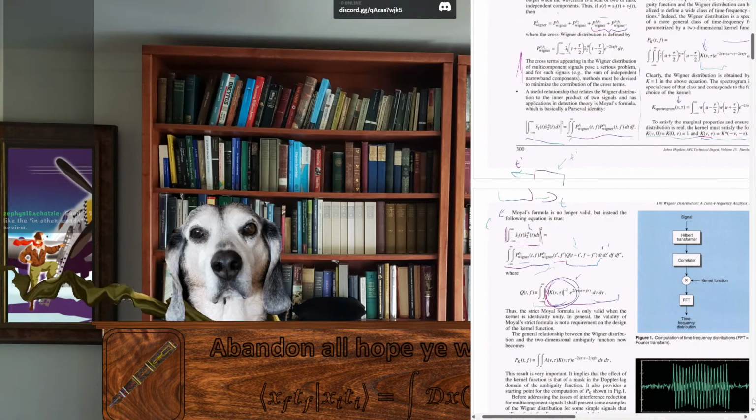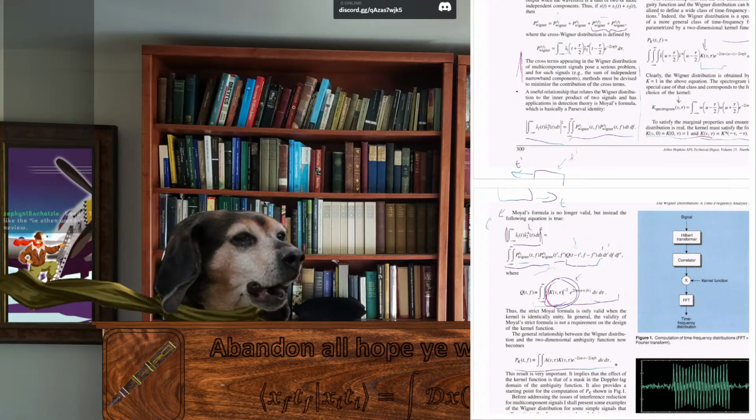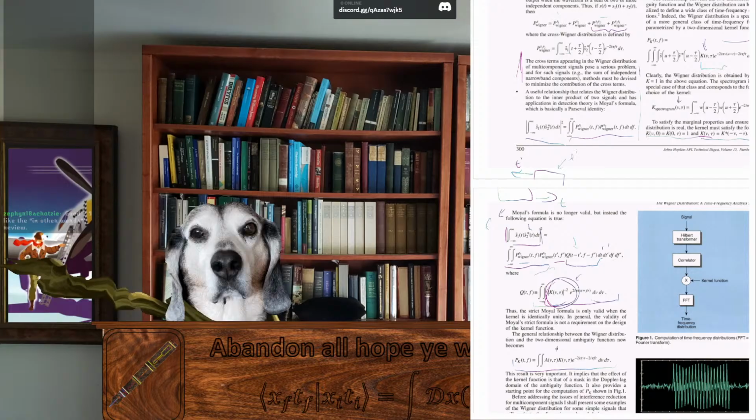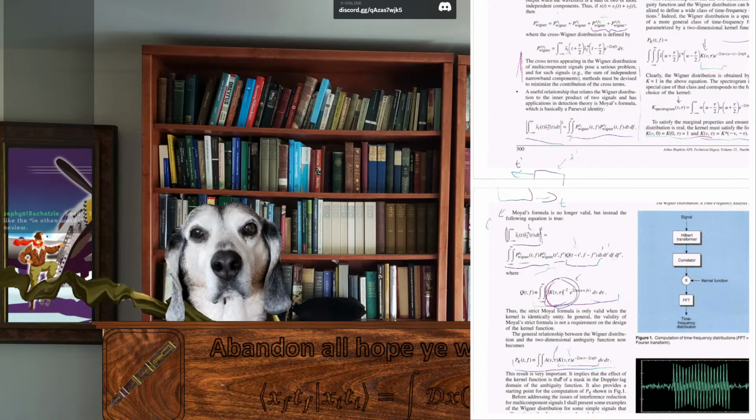Thus, the strict Moyal formula is only valid when the kernel is identically unity, which we saw was true for the Wigner function. In general, the relationship between the Wigner distribution and the two-dimensional ambiguity function now becomes the double integral of A times K, where we are essentially doing the two-dimensional Fourier transform.